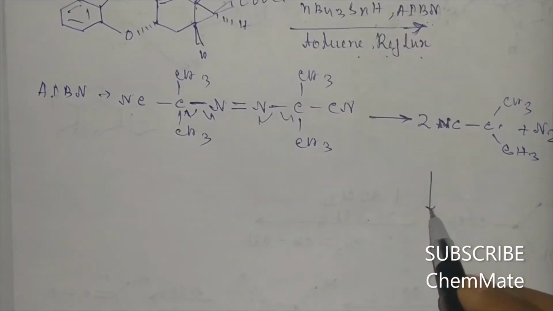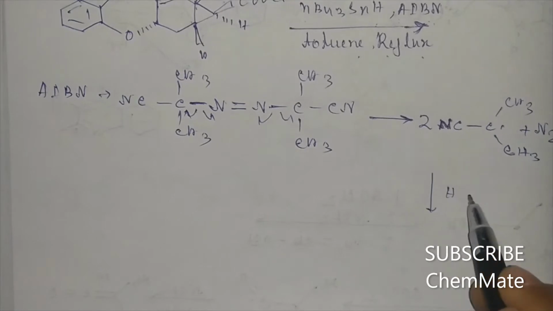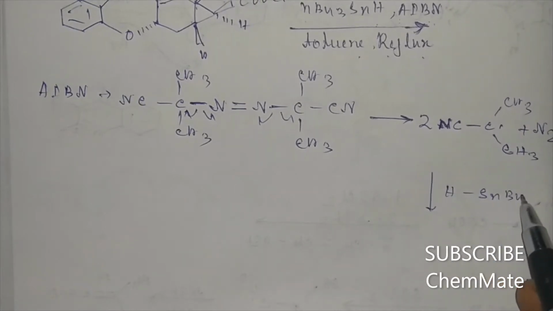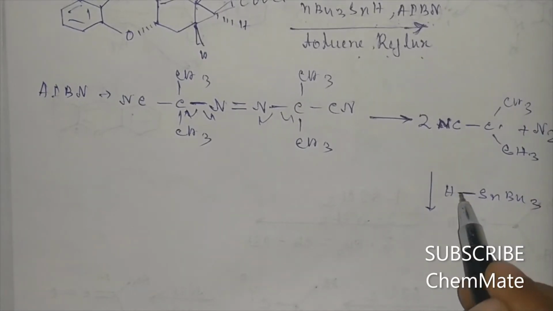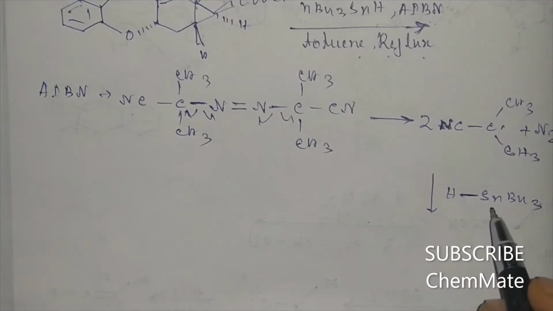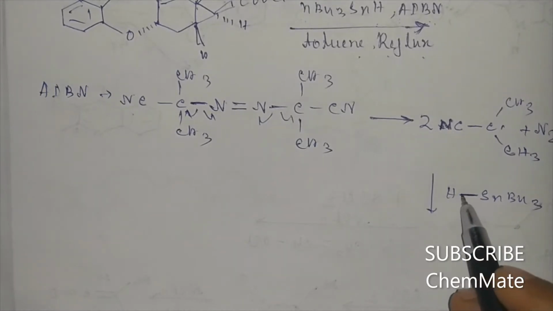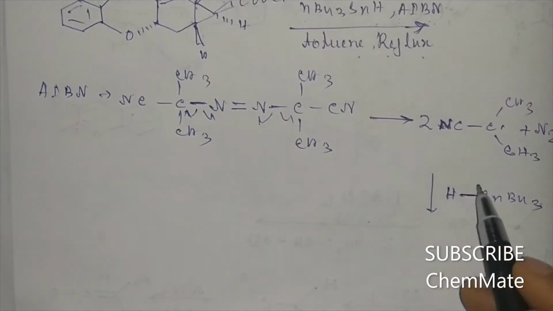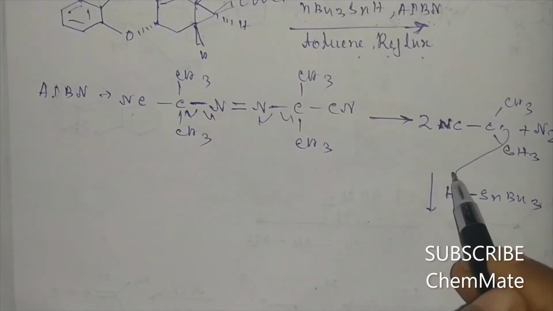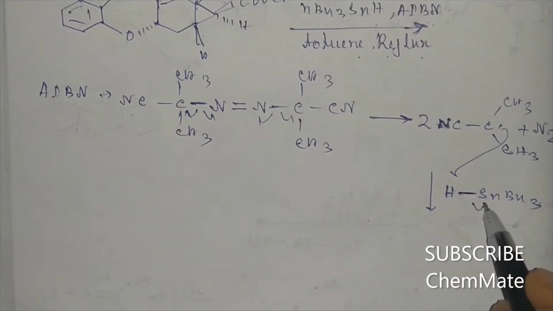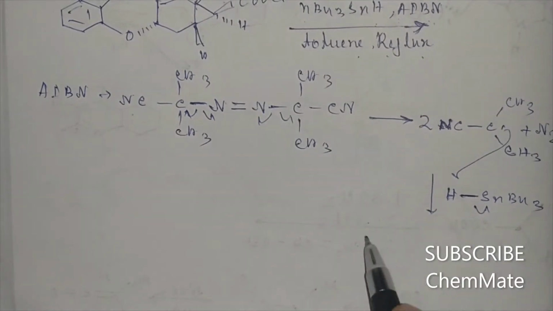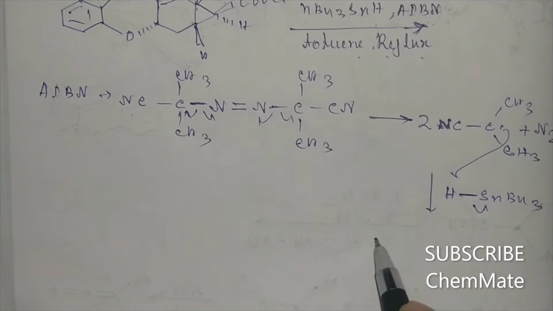Now the Bu3SnH, HSnBu3: this Sn-H bond is very weak actually, so this radical will abstract this hydrogen and an SnBu3 radical will be formed.